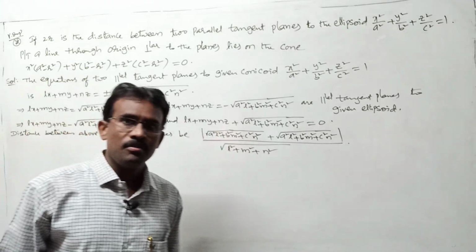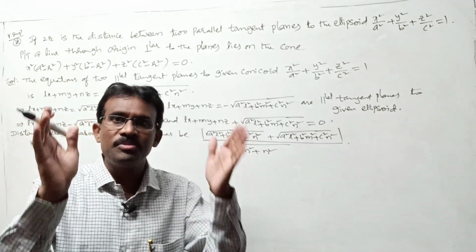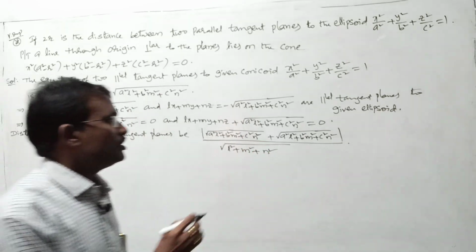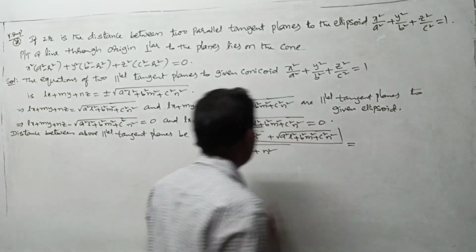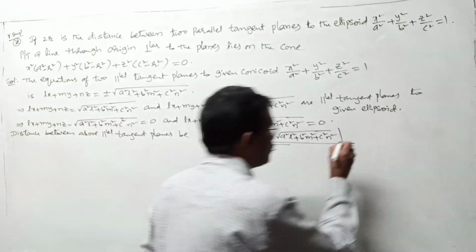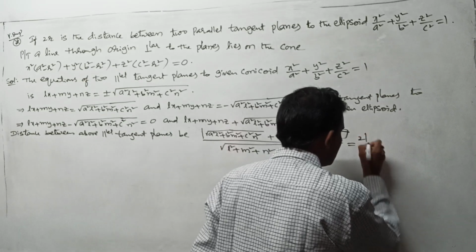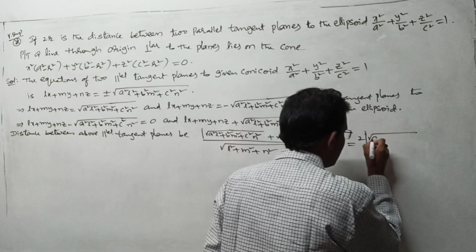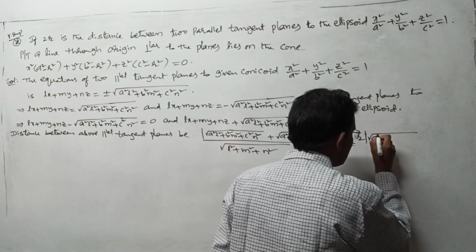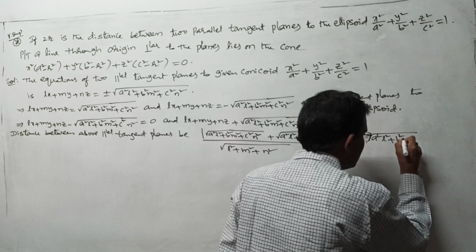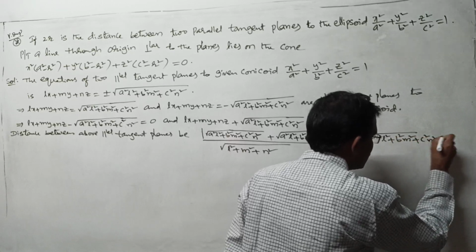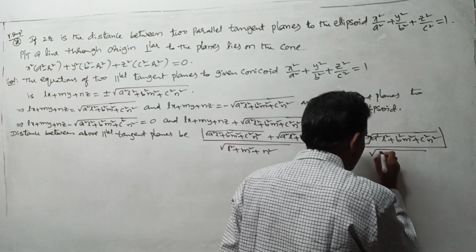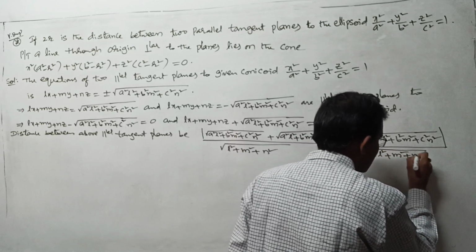In planes, I defined the distance, or perpendicular distance, between two parallel planes. That condition we use here. I mean, this we can write directly as 2 times this numerator: 2 can be taken outside the modulus because it is a constant, times √(a²l² + b²m² + c²n²) whole by √(l² + m² + n²).